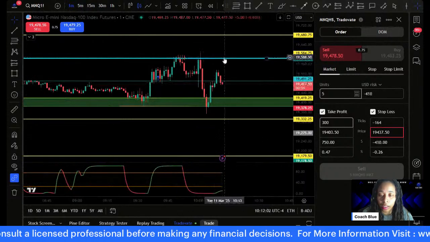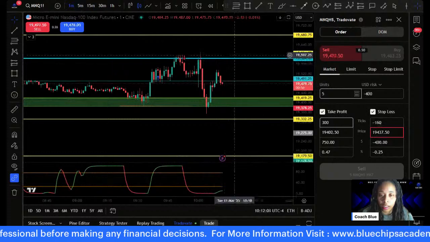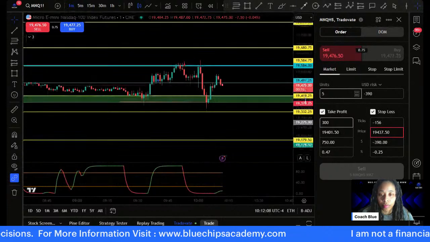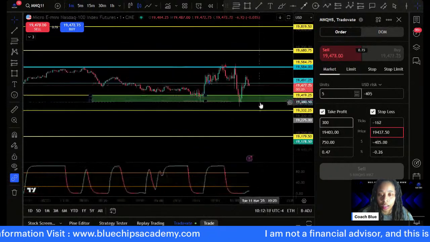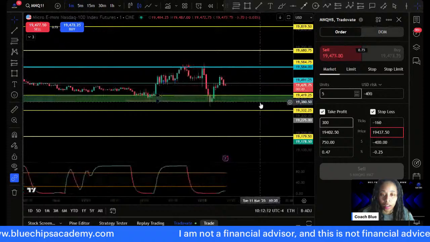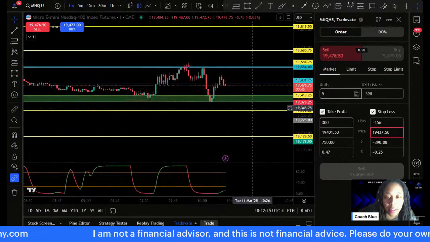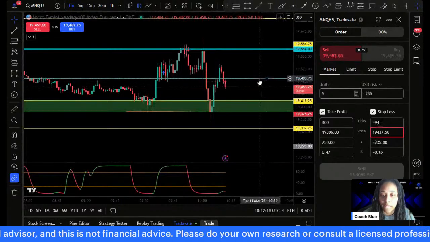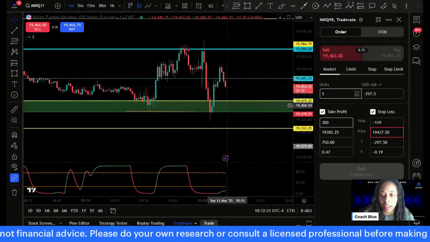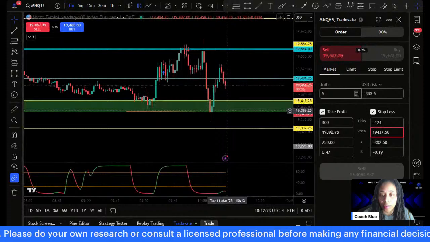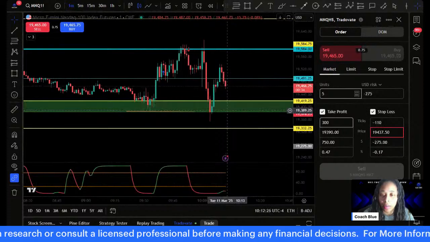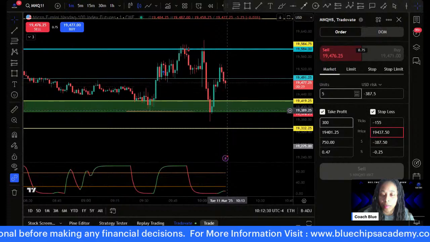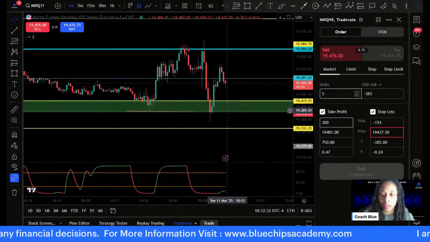Let's see if somebody can put some money in the market to move it. We have 45 seconds left on this candle. Looks like it's getting rejected at this level. We're going to see what we get here.